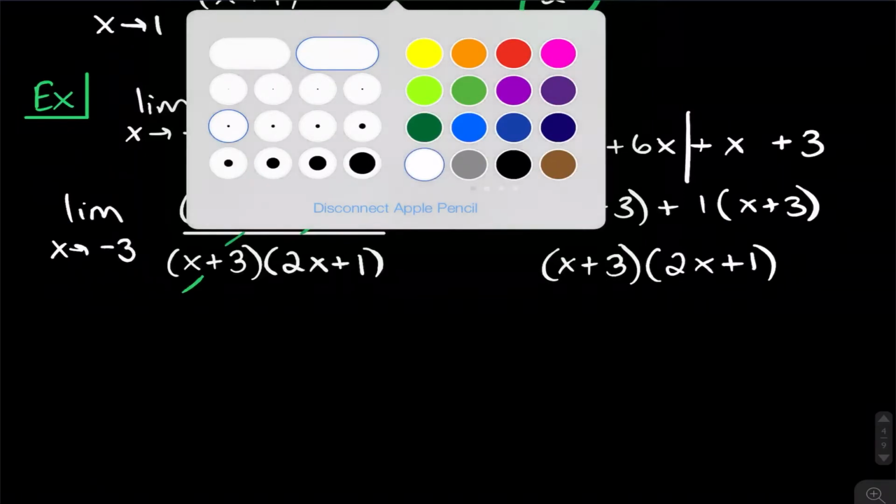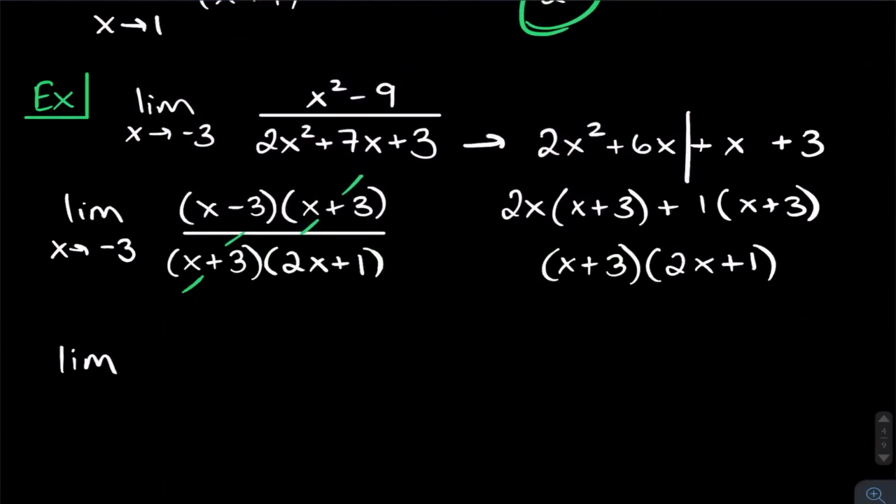But now that we factored, we can see that we've allowed ourselves to be able to plug in the negative 3. Check this out. If we plug in negative 3 now, we don't get a 0 in the denominator. We also don't get a 0 in the numerator.